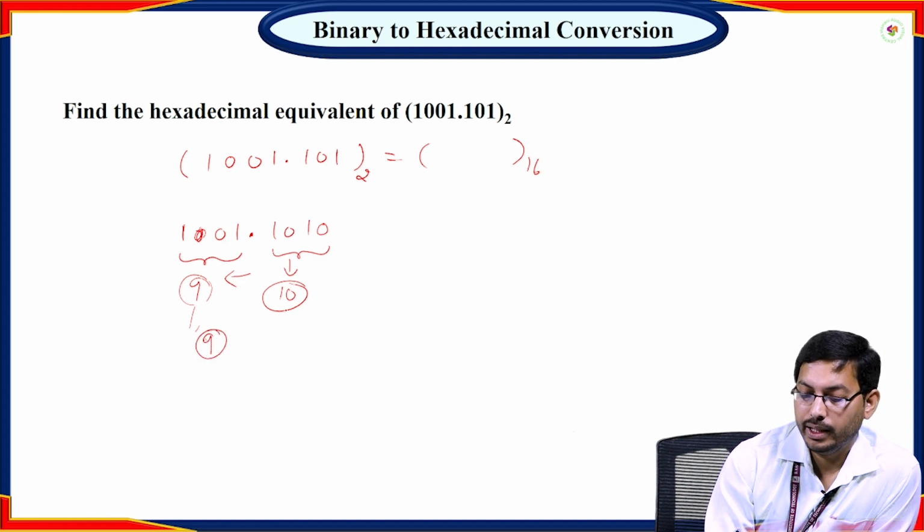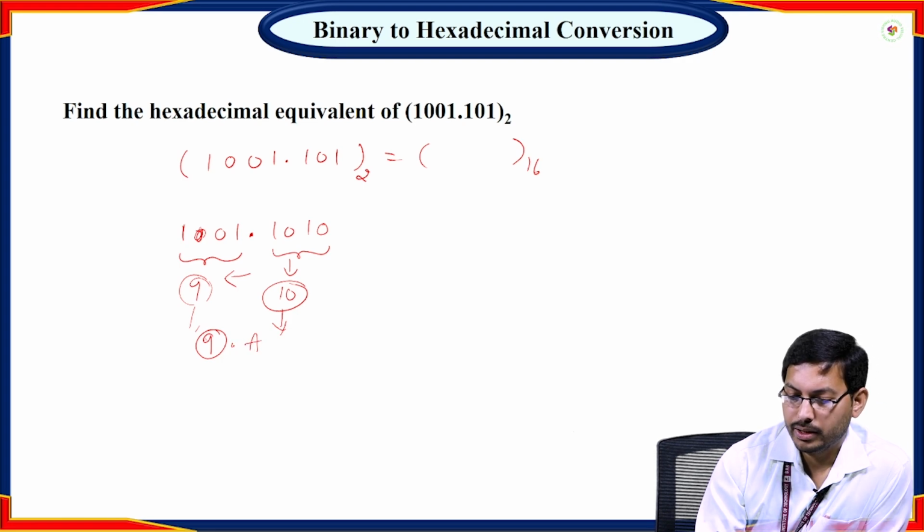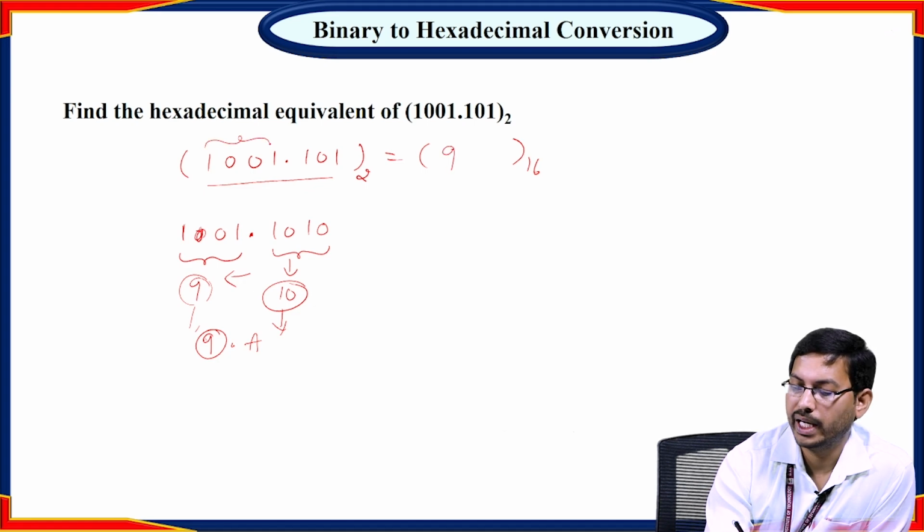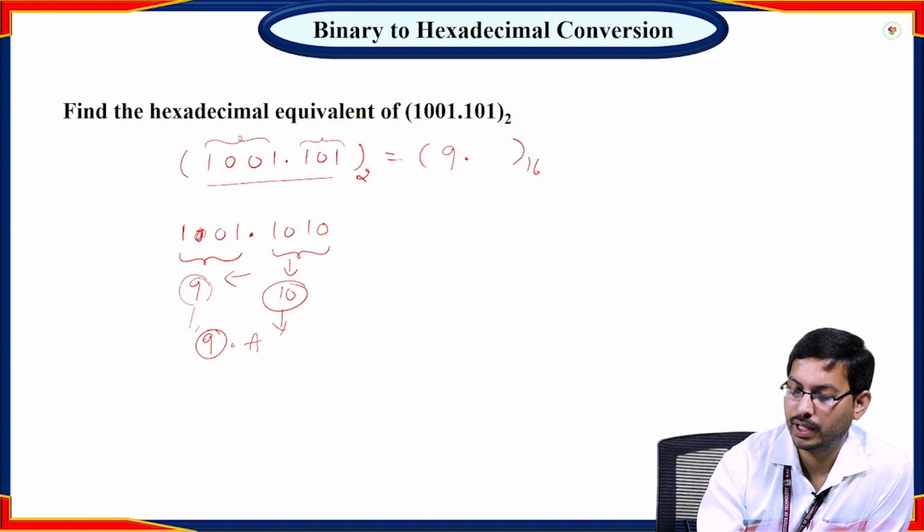We can represent 10 in hexadecimal as A. So finally, the answer for 1001.101: if you convert this binary number to hexadecimal, the first part is 9 and the second part is A. So 9.A is our answer.